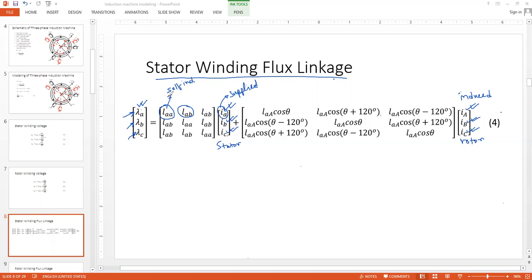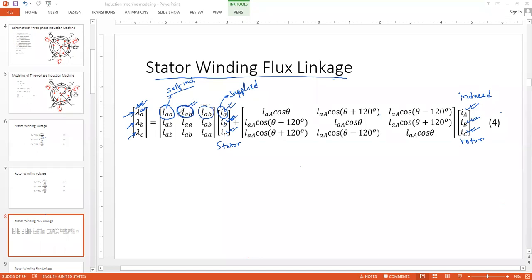So LAA is the self-inductance, between stator coil A and the stator current flowing through coil A. LAB is between the flux linkage lambda A and the current flowing through stator coil B, and they are identical.